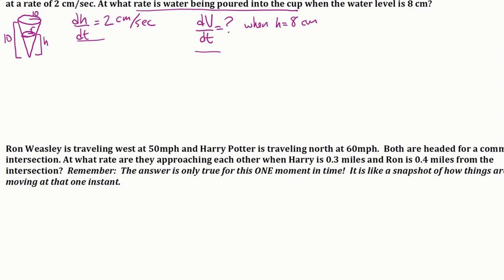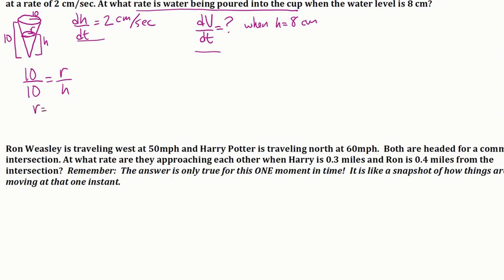So as I was saying earlier, the nice thing about cones is that it creates similar triangles. So the radius of the entire cup is 10. The height of the entire cup is 10. That is proportional to the radius of the water level versus the height of the water level. So you can set up a basic proportion here, and you get a 1-to-1 proportion.